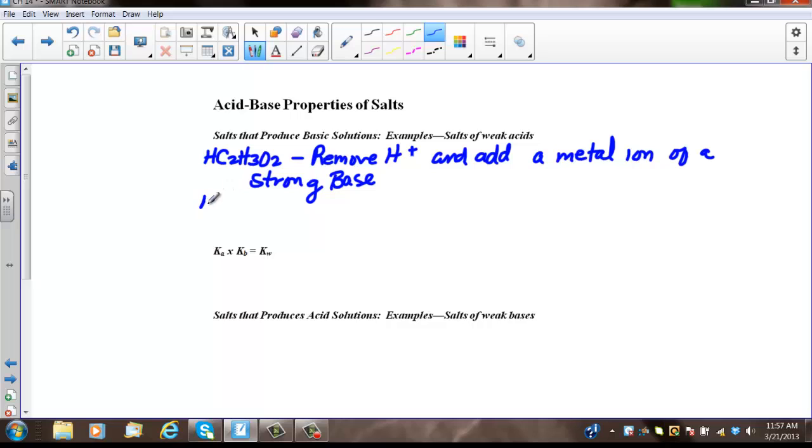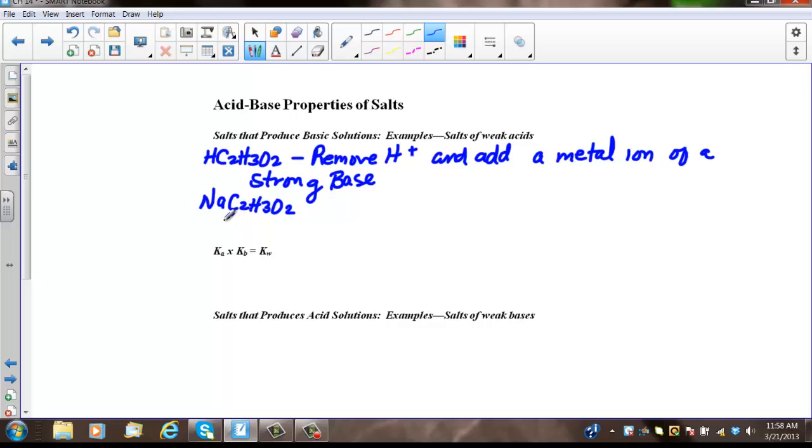We would get NaC2H3O2. If we were then to drop this in water, what's going to happen is it's going to separate into its respective ions.